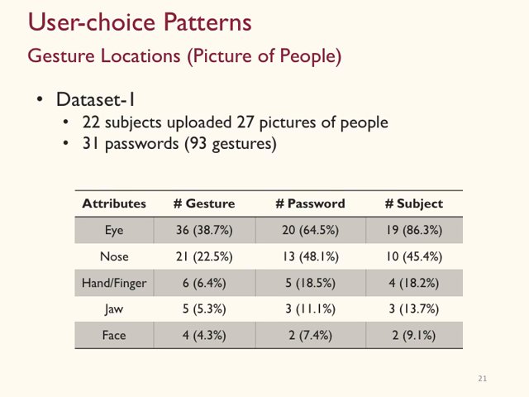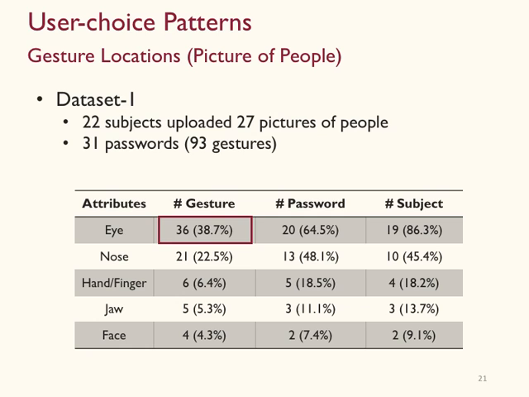Then we dug into one type of picture, which is pictures of people. We found that in dataset 1, almost half of the students uploaded 27 pictures of people, and they chose their passwords on landmarks in those pictures. For example, almost 40% of the gestures are on eyes, either the circle eye, the tap eye, or collective eyes.